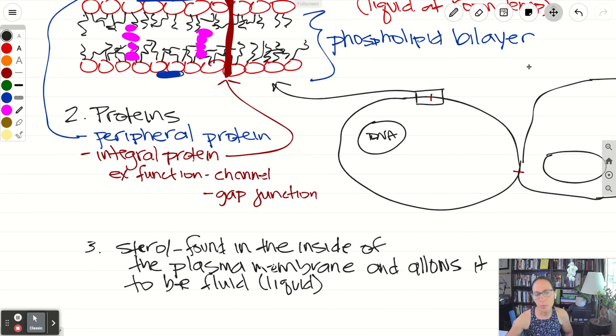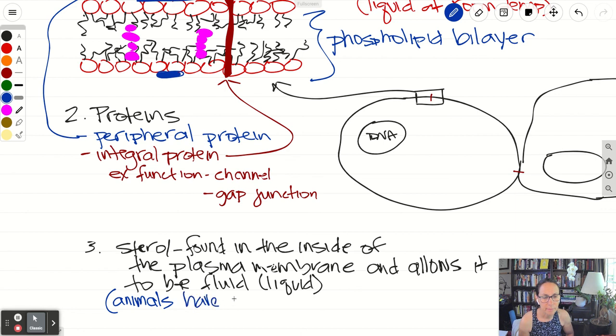I just want to point out that in animals, the sterol that we have in our plasma membranes is called cholesterol. Animals have cholesterol, and cholesterol has kind of a bad reputation, right?